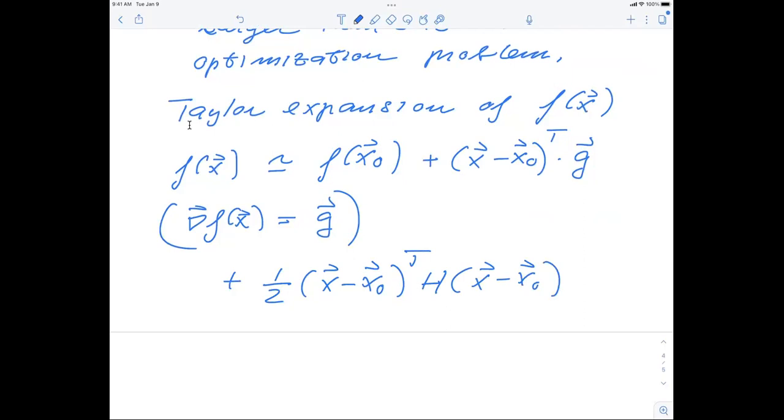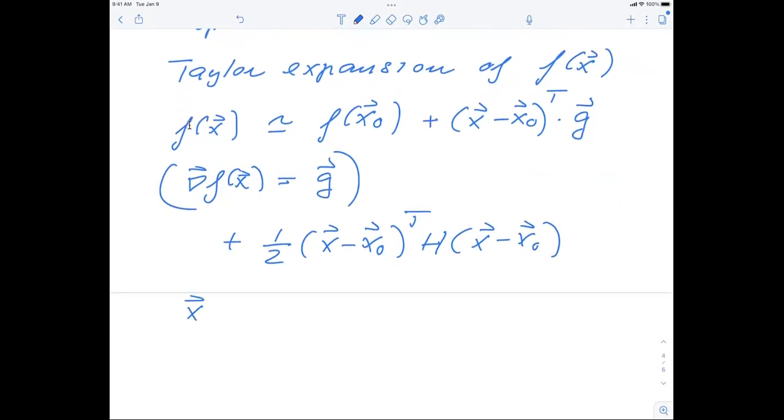Now, we could make an approximation here: we could say that x minus x0 is approximated with a parameter gamma multiplied with the gradient. So we are approximating the difference between x and x0 with the gradient times some parameter, where gamma is a parameter.